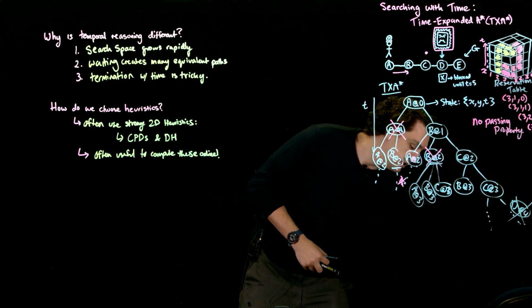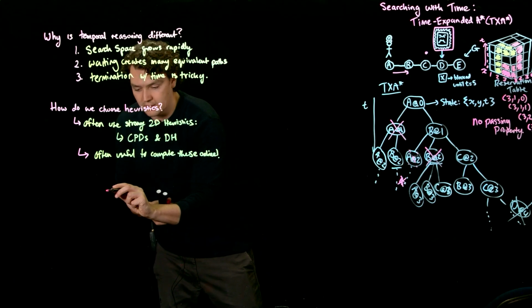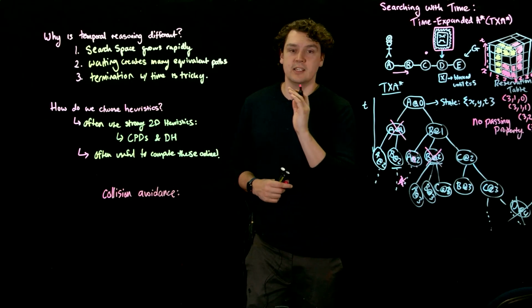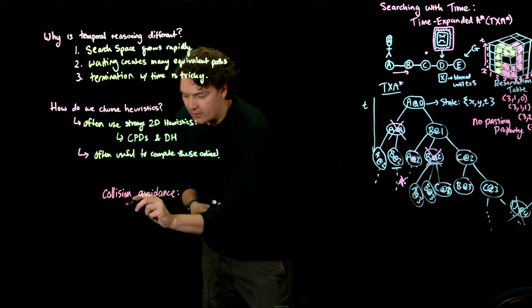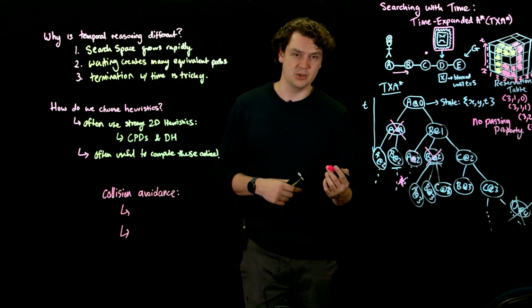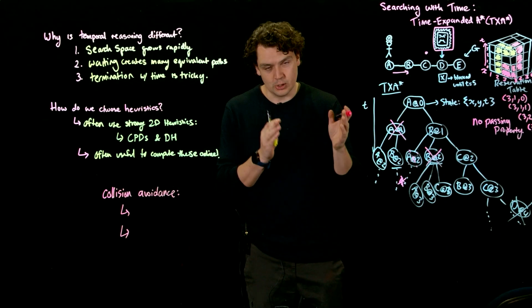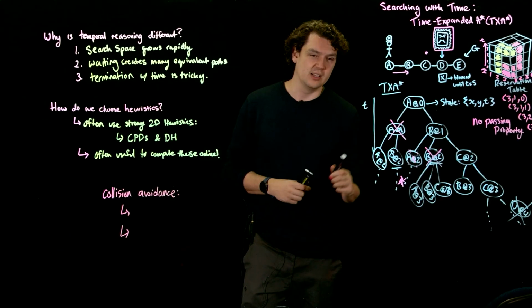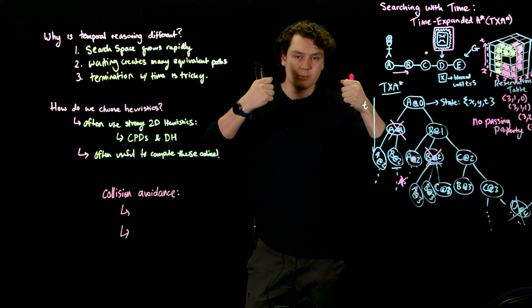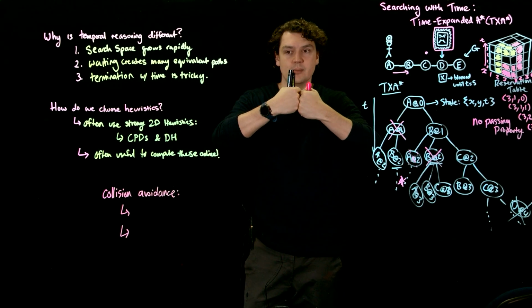All of this is really to do with the additional idea of collision avoidance. On top of everything else, we now have two types of collisions, because objects are moving for the first time, now that there's time. The first: two agents are moving into the same cell at the same time.